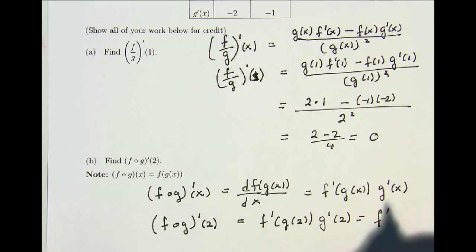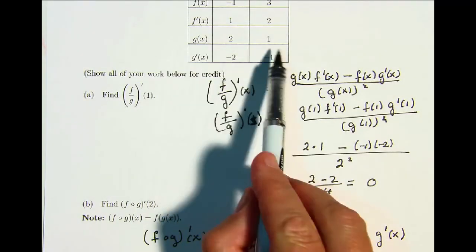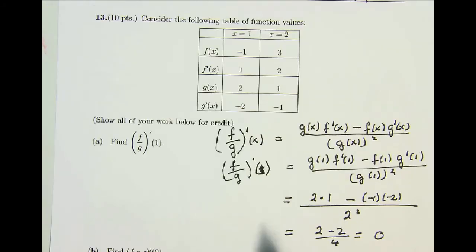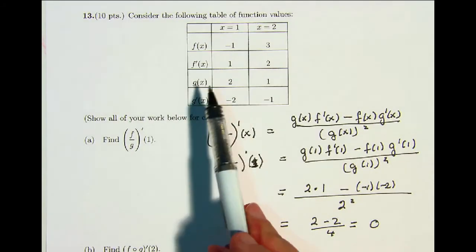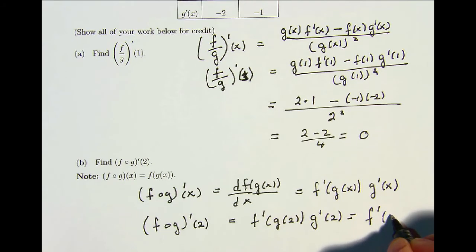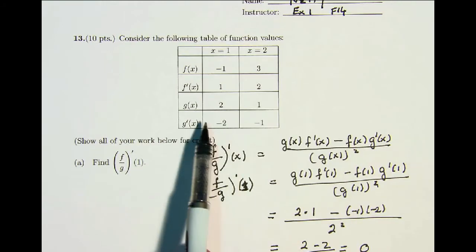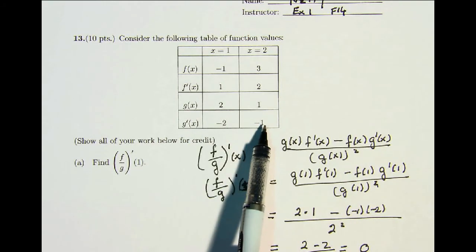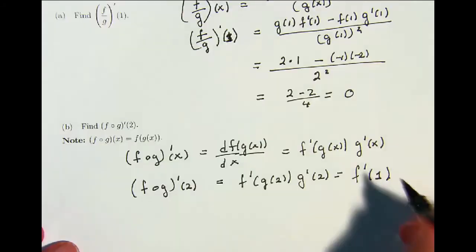Now, using our table, we see that g of 2 is equal to 1. So we're looking at f prime of 1 times g prime of 2, which is negative 1.